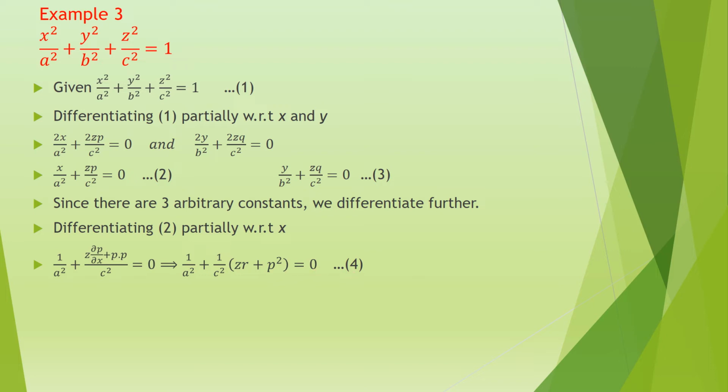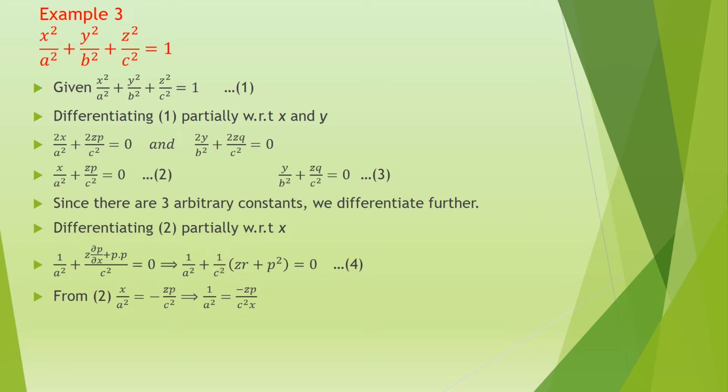Now we have equation 2 as well as equation 3 as well as equation 4 with us. So we can think to find the PDE by using these three equations itself. How can we? Look at equation 2, we have constants a square and c square. Look at equation 3, we have constants b square and c square. Look at equation 4, we have constants a square and c square. So in equations 2 and 3, c square is common. Now in equation 4, we have 1 by a square plus 1 by c square into zr plus p square equal to 0.